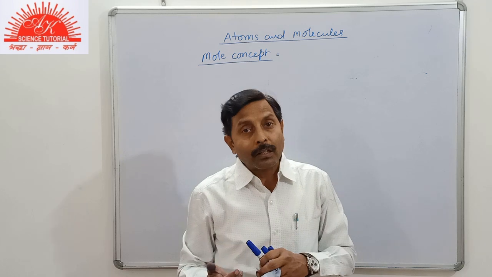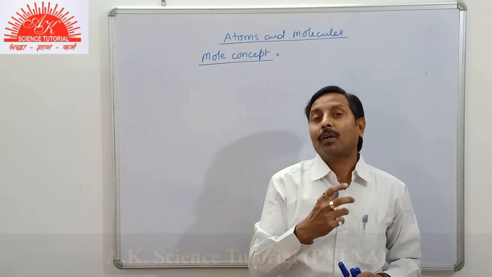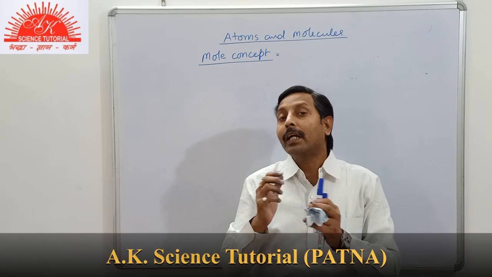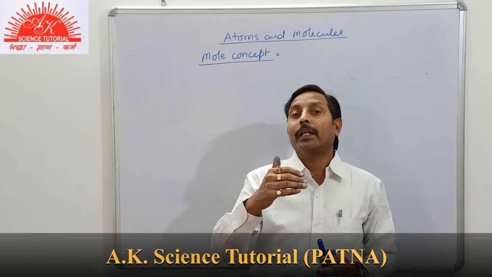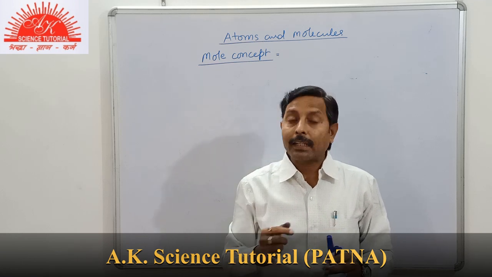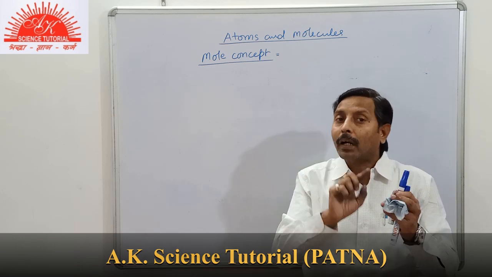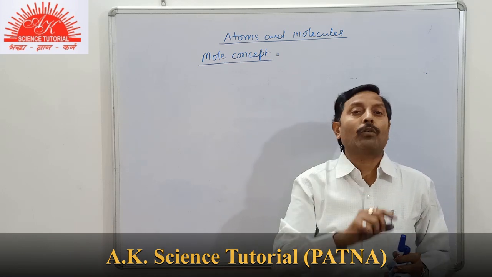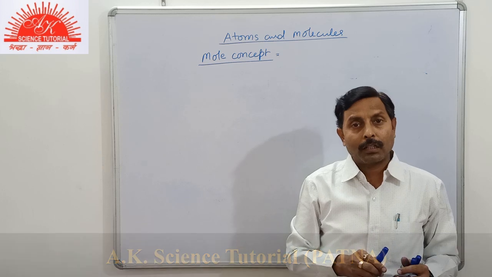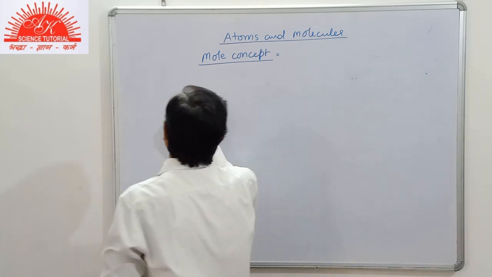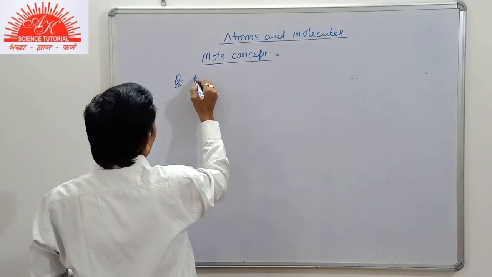Then how can you calculate it? First of all find the number of molecules comparing with gram molecular mass. And then see what is the number of atoms of a particular element in one molecule of that substance.